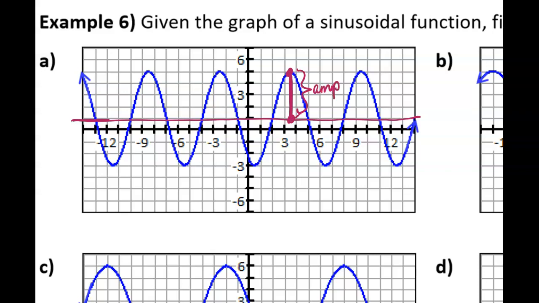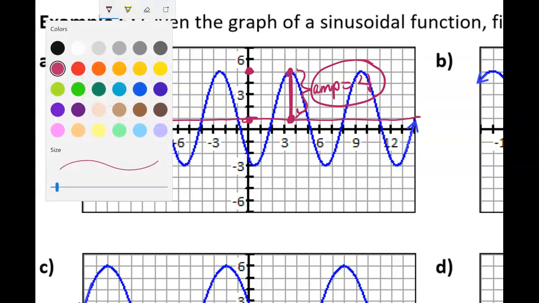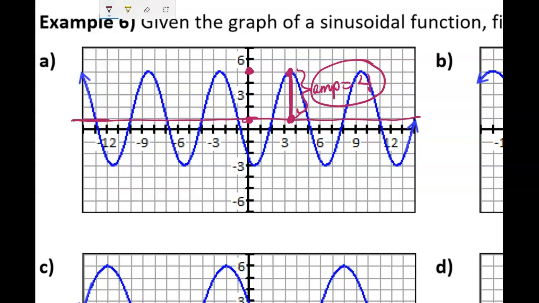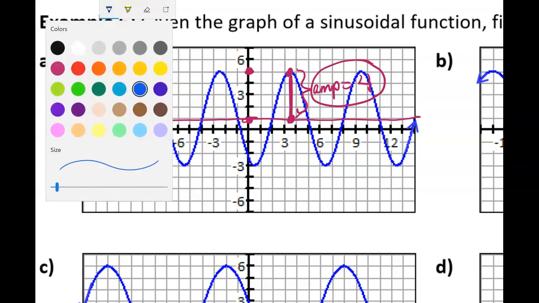So the amplitude is that distance there from 1 all the way up to 5. So it looks like the amplitude of this sinusoidal function is 4.